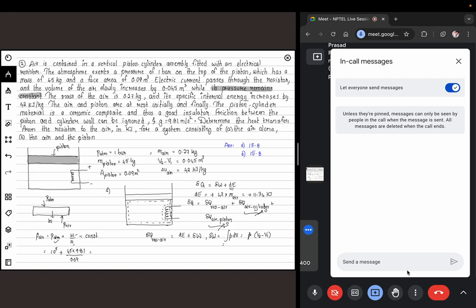So this gives me a value of around 104,905 pascals.